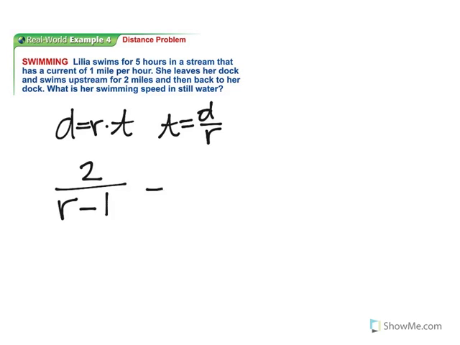So we have this time, plus the amount of time it took her to go against the current. So she swam another 2 miles, but this time there's the rate of the still water plus 1 because she's going with the current this time. And this is going to equal a total of 5 hours.